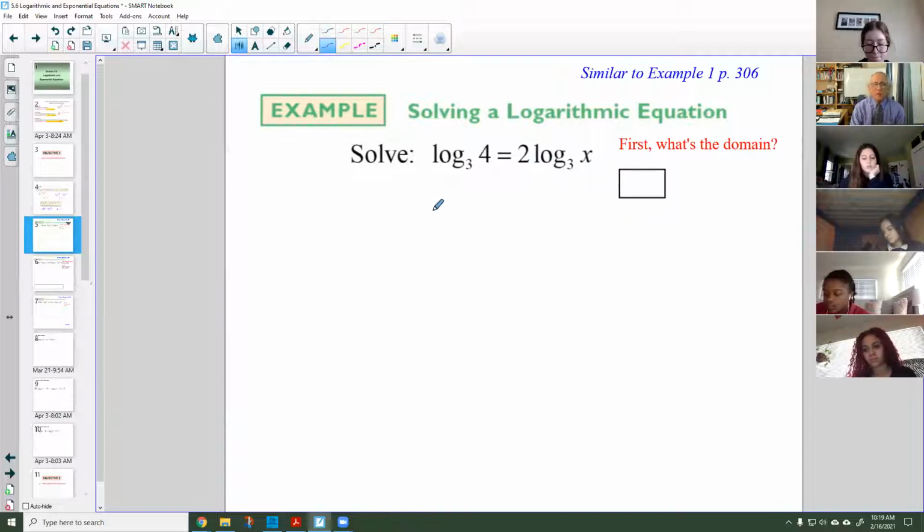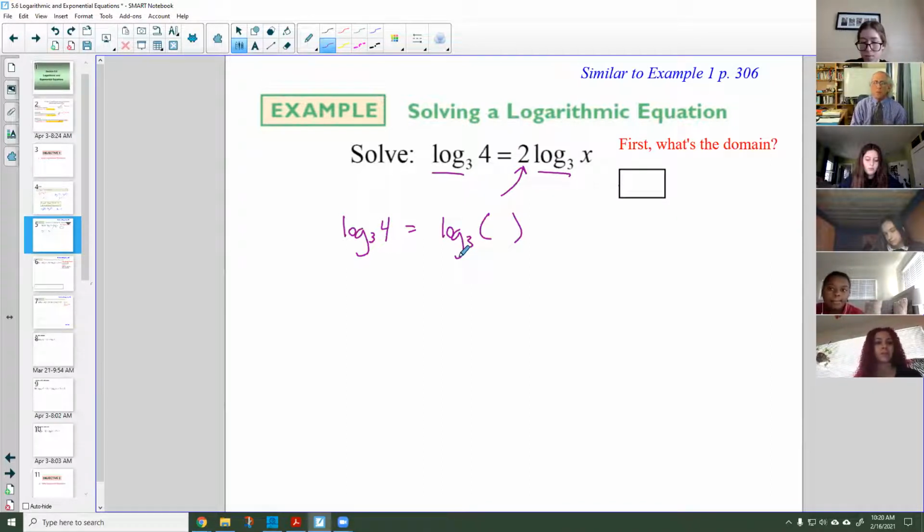I can see here that I have the same base, but I have this factor in front of this one here.